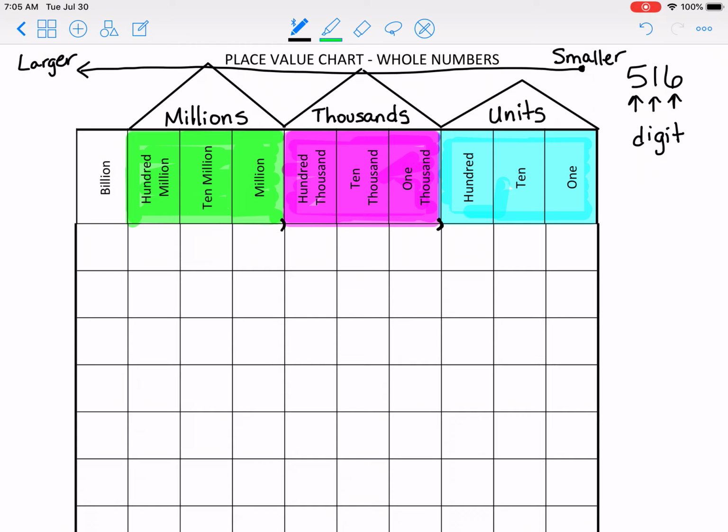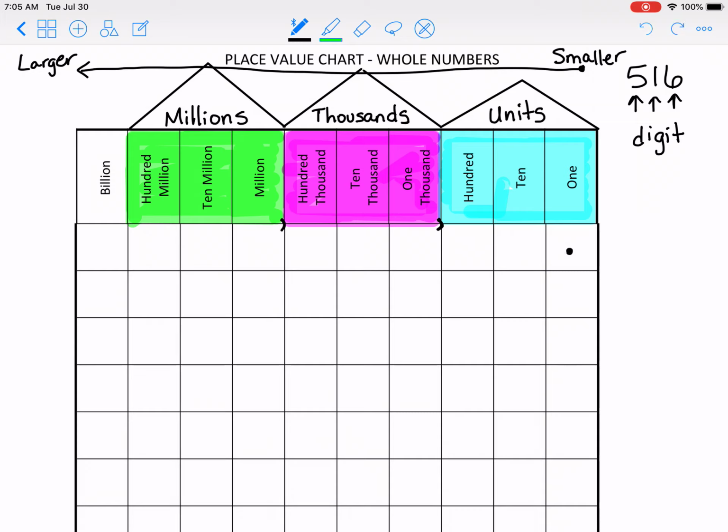So each time we move, let's say if we go from the ones place to the tens place, well, we know that 1 is smaller than 10. We also know that a 10 is smaller than 100. So our value keeps increasing. Each digit in the number increases times 10 as you move through the place value chart.